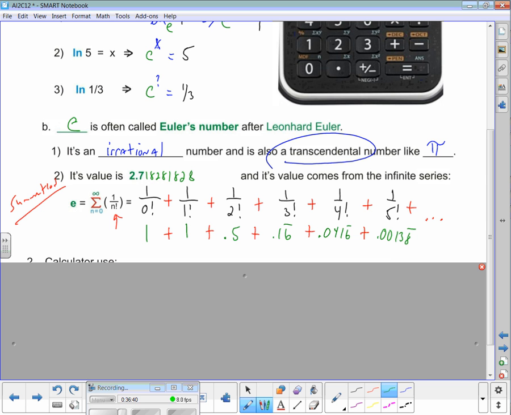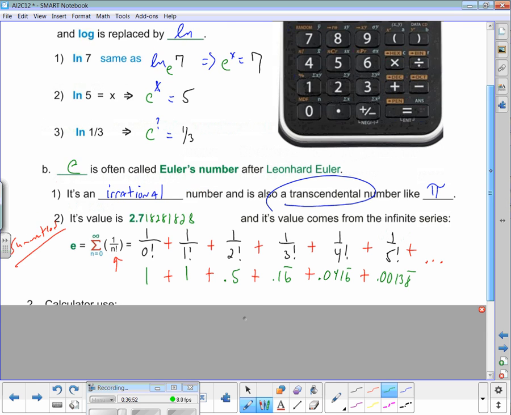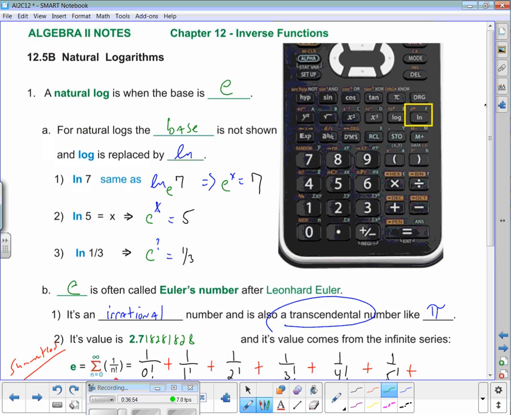And I need somebody who's got a 10-digit calculator. Yours goes past 8? Anybody have a calculator where you can see all the digits on your screen? Okay, Andrew, hit your E to the X button, right? It's the top of your LN button, and then punch in 1. Make the exponent 1.